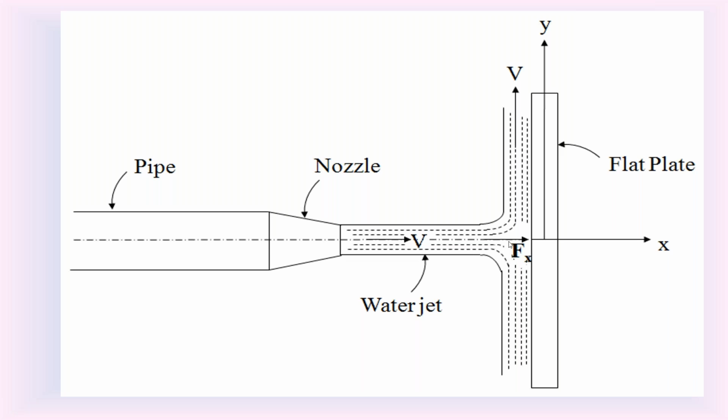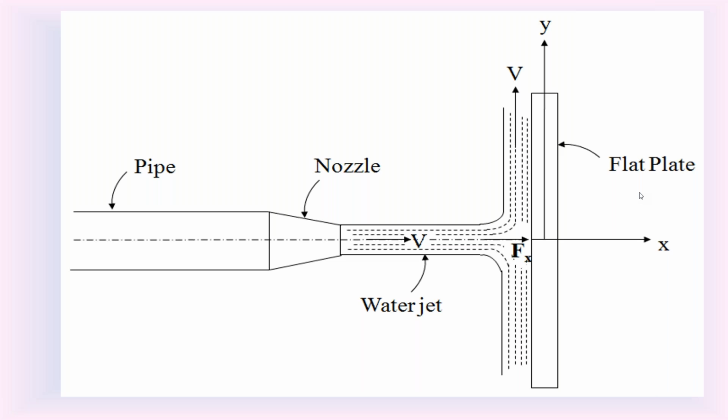So this is the impact of water jet, horizontal water jet on the stationary vertical flat metal plate. Please again, everyone check this diagram in the cell phone screens. The water jet is coming out from the nozzle.